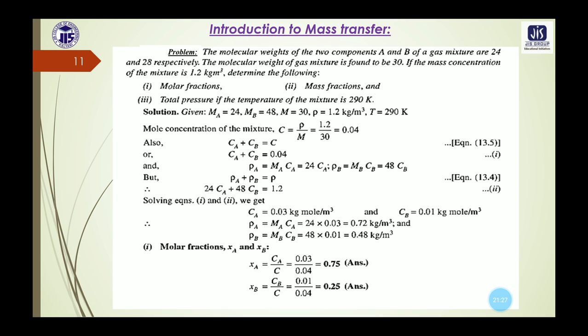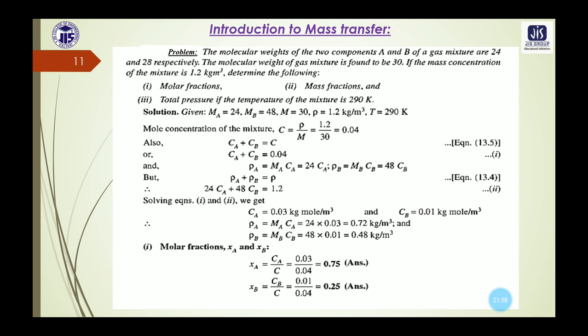Then determine number 1, the molar fractions, number 2, the mass fractions, and number 3, the total pressure if the temperature of the mixture is 290 Kelvin. So we need to find three different things: molar fraction, mass fraction and total pressure.